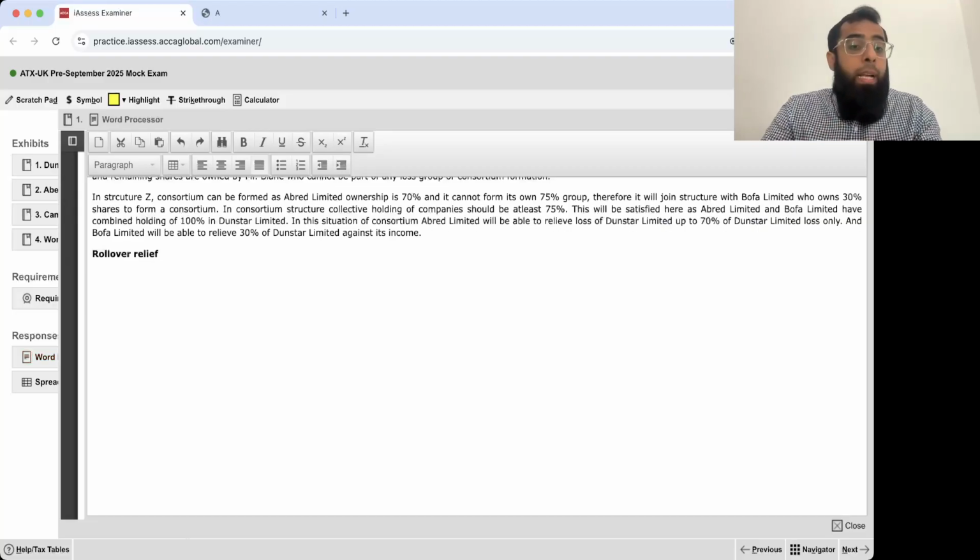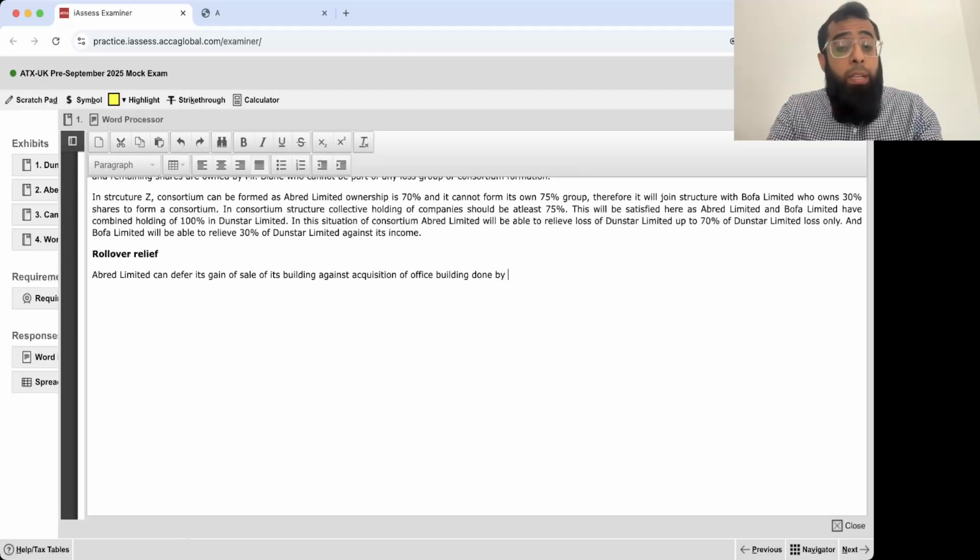So, Abrid Limited can defer its gain on sale of its buildings against acquisition of the office building by Dunster Limited through a capital gains group.